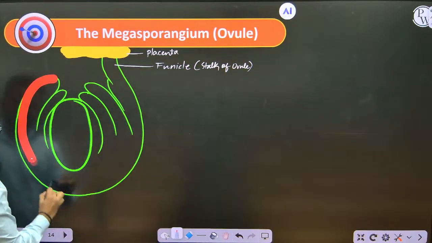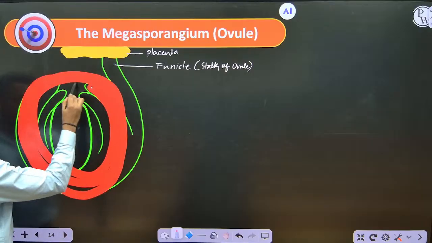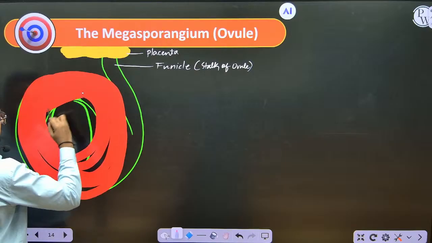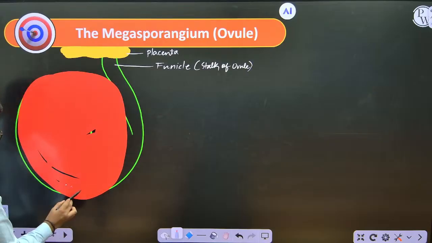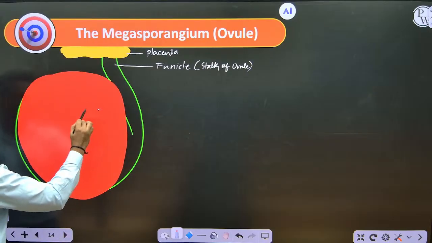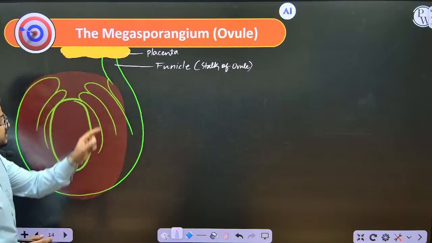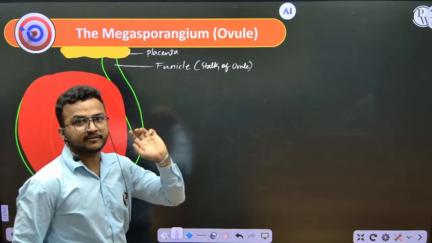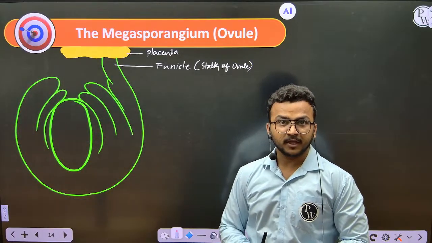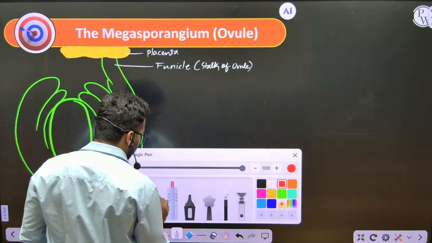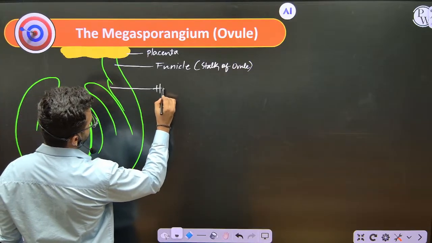And this part, what you are seeing, is the ovule. This part of the ovule is attached to the funicle, and the junction where the funicle and the main ovule connect, we call this the hilum.